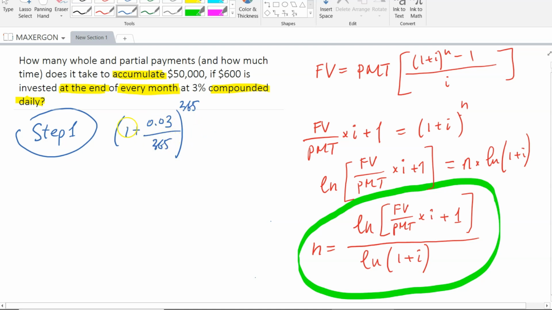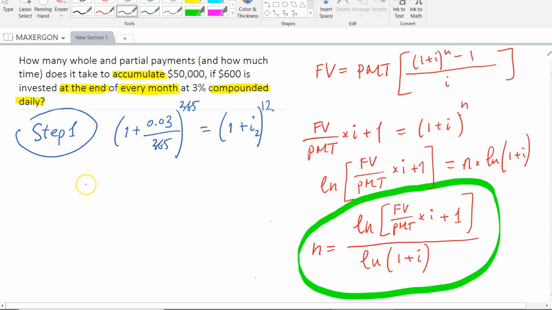And this future value of $1 invested at 3% compounded daily for 1 year should be equal to the future value of $1 invested at some periodic rate I2 compounded monthly. These future values should be the same after 1 year, and that's the meaning of this equation.